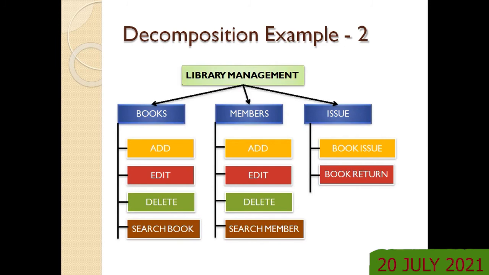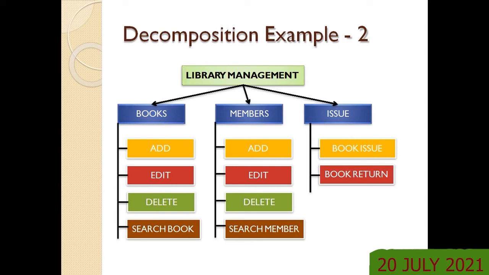Another example of a decomposition is library management. So who are the main important entities involved in a library? The members of the library, the books available in the library, and the main activity of issuing a book or returning a book. In the case of either books or members, what actions take place? Add, whenever books are procured.